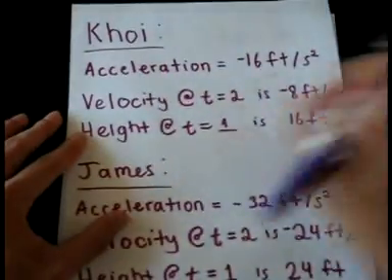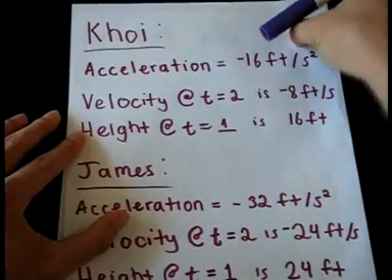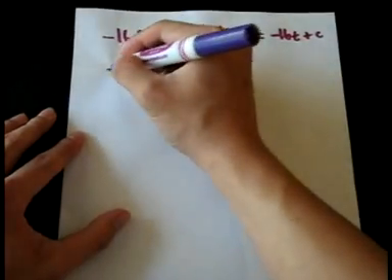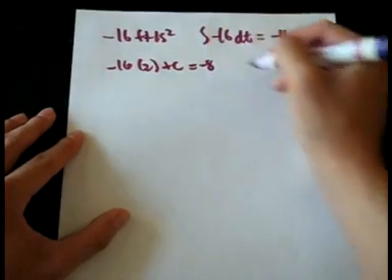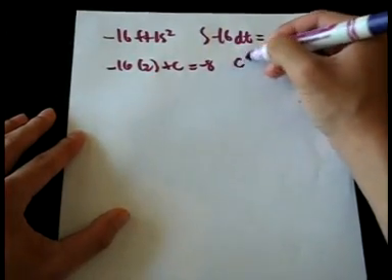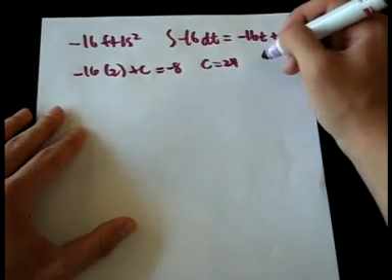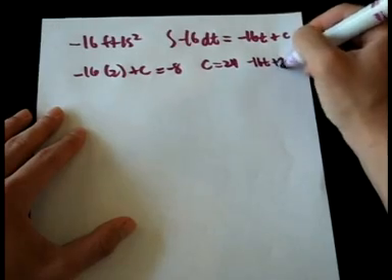Taking a look back, we see that velocity is given at t equals 2, so you can plug it in to find the value of c. In this case, c turns out to be 24. So the velocity function is negative 16t plus 24.